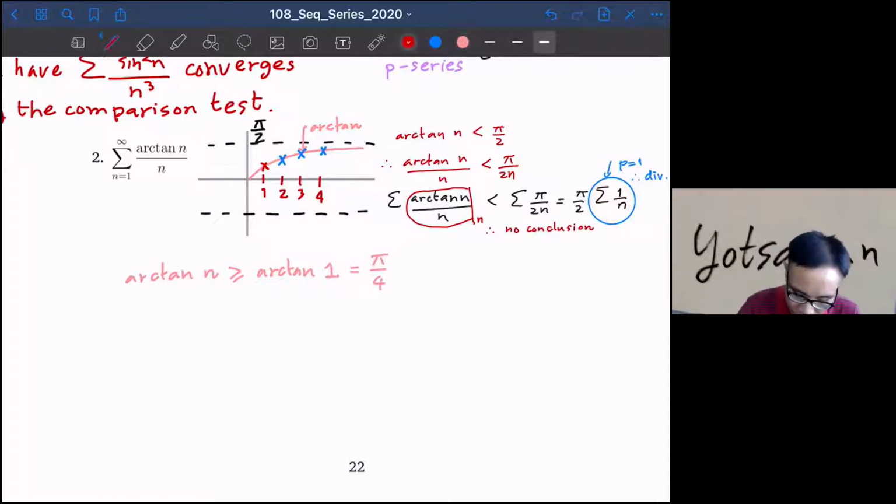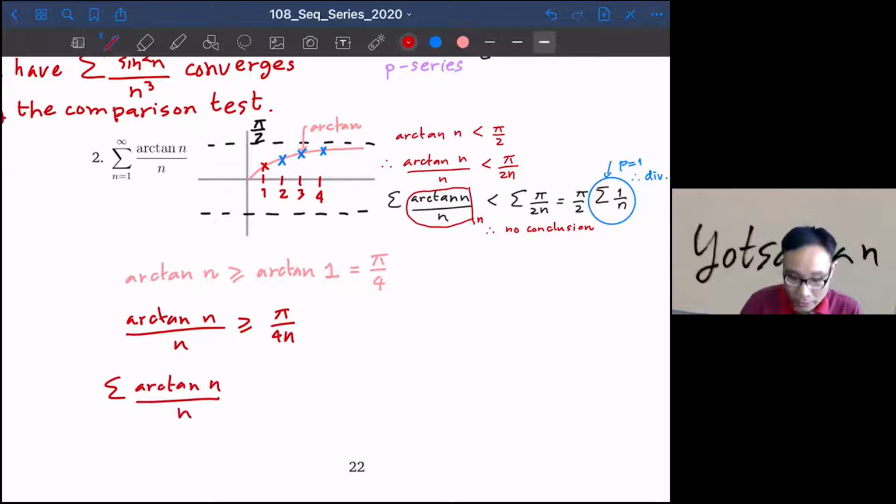And you do the same thing. So you get arctan n over n is going to be higher than pi over 4n. And you see that the series arctan n over n is going to be higher than the series pi over 4n.